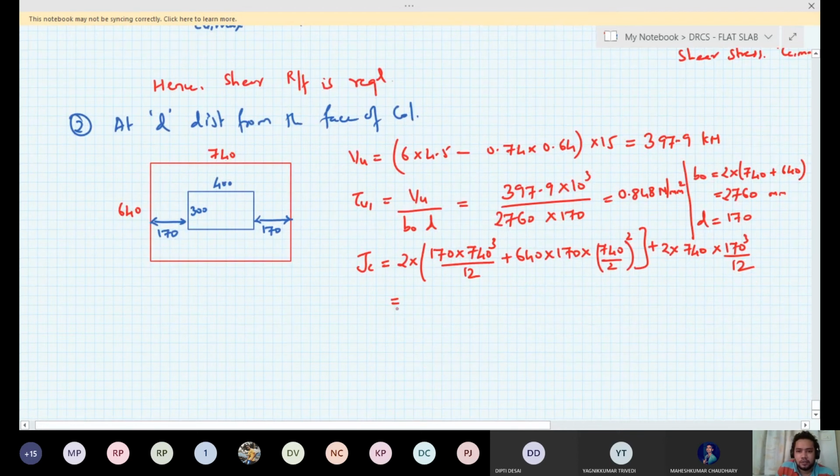Okay, and then next is to find tau v2. So again that will be MC by this JC.